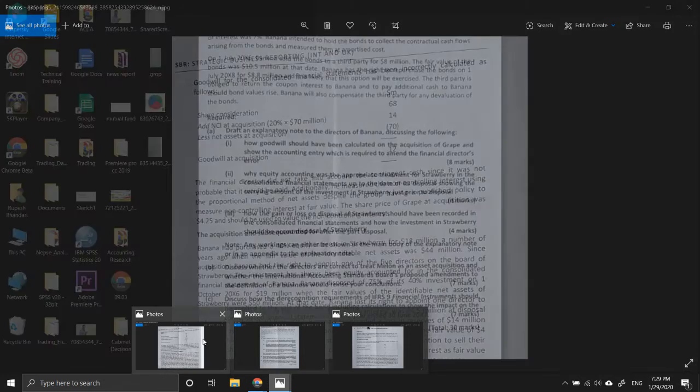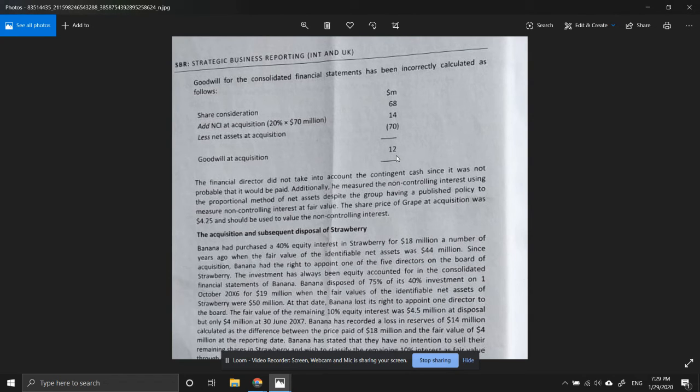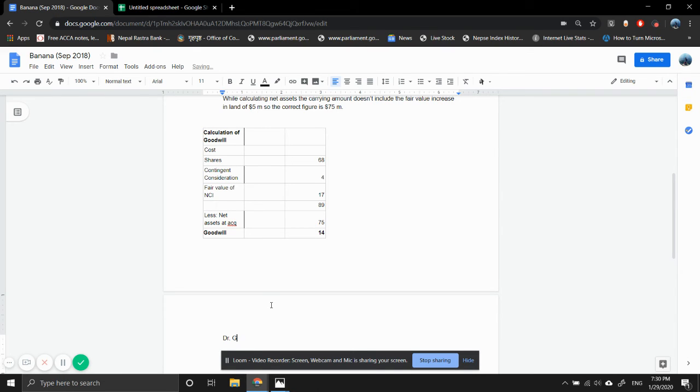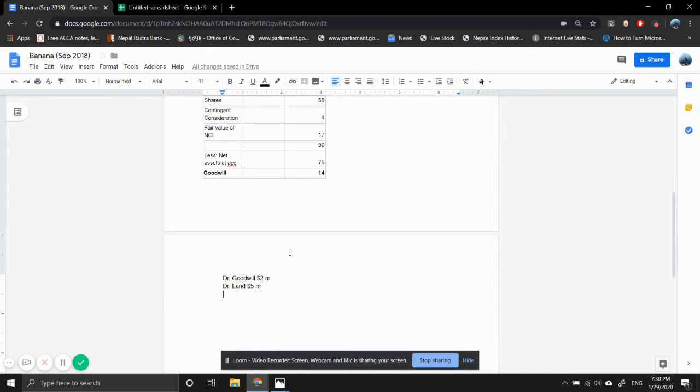So our goodwill is 14. What this particular guy has done is 12, right? So we need to increase the goodwill by 2 million. Let's do that first of all. Goodwill 2 million. Then contingent consideration should also be there, and then land as well. It has not accounted for land, so land being 5 million. So 7 million credit.